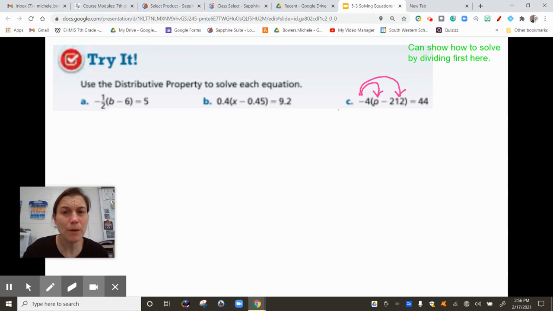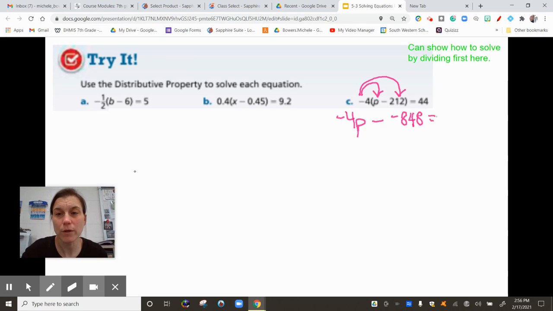So I'm going to use the distributive property first and do that. That would give me negative 4 times P is negative 4P. And I'm going to leave a lot of space between my numbers. Watch this. Negative 4 times 212 is negative 848. Between these numbers already is subtraction. So I'm going to leave that as subtraction. Okay, so for now I'm going to leave that as subtracting a negative.